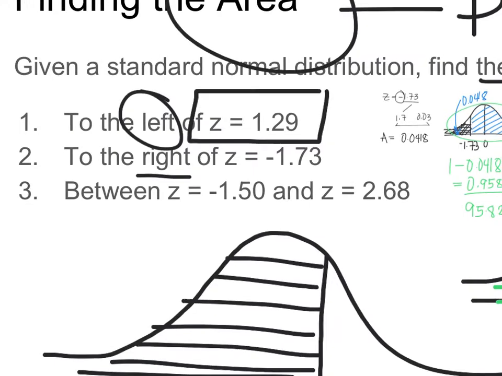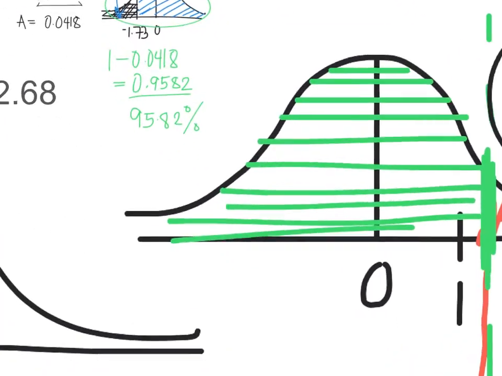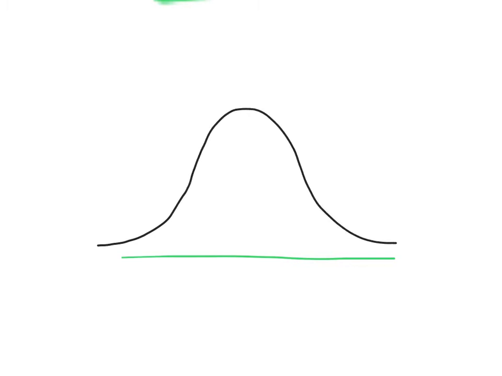So let's create another bell-shaped graph. Take note, we already have the graph of a standard normal distribution and not just a normal distribution. So for a standard normal distribution, the mean now is at 0.